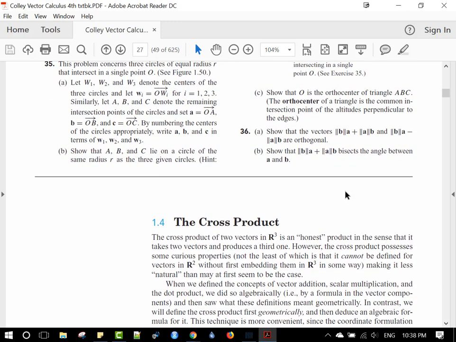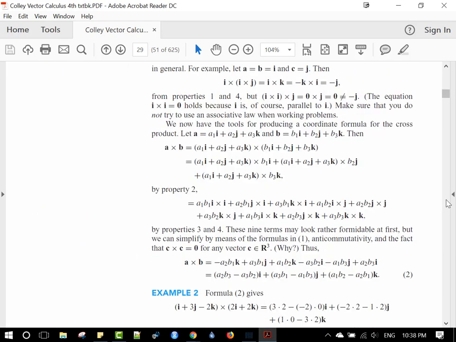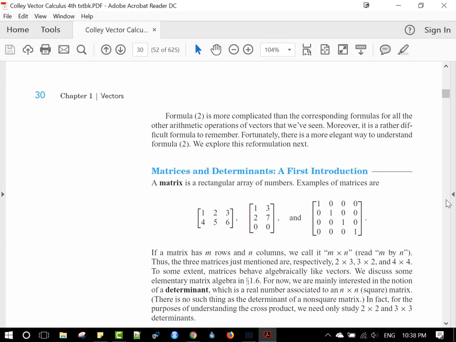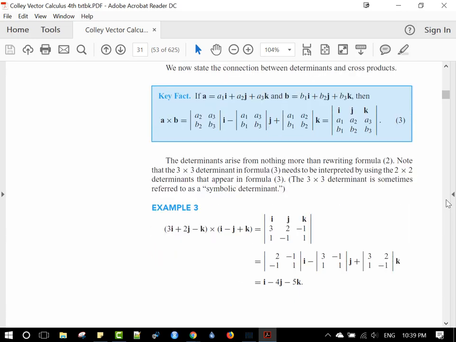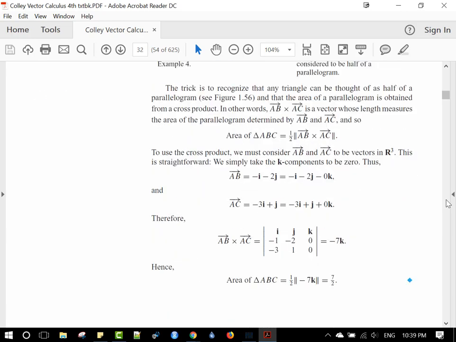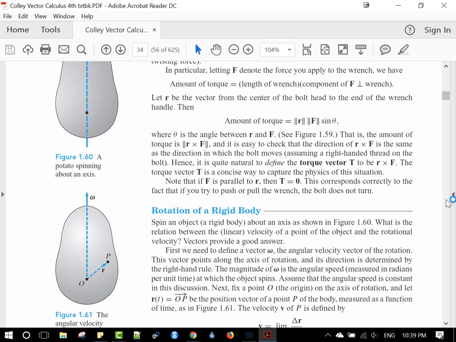Okay, so next video we'll do the cross product, and we're getting close to the end of chapter 1. We'll also do determinants and matrices, and some physics, we'll probably ignore that, like torque.